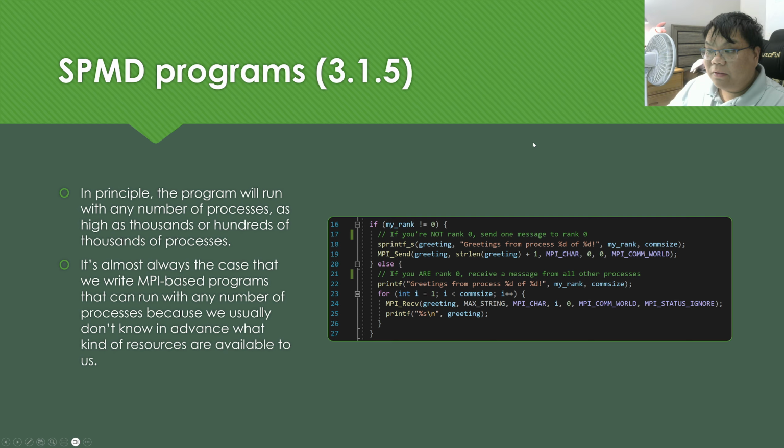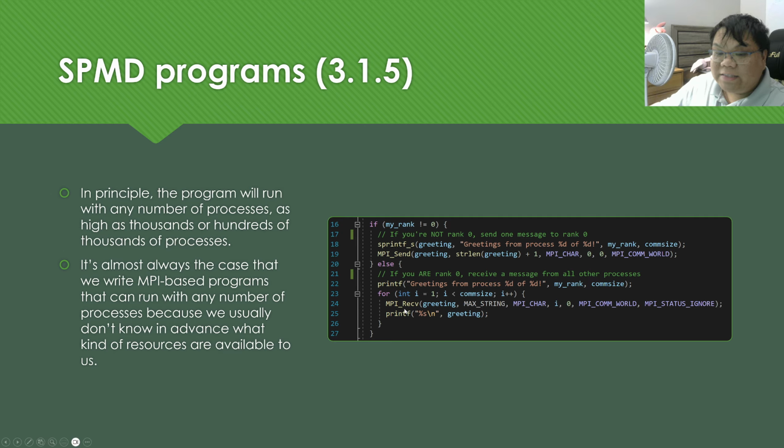In principle, whatever it is we're doing should scale with however many processes we have. Put another way, we should be going in with no expectations about how big our communicator is going to be. In short, whatever we write should be able to run with 10 processes, or hundreds of processes, or possibly millions of processes.